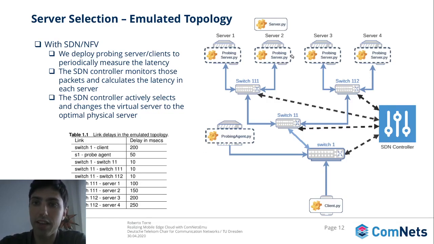The idea is that we will have the 4 probing servers running, and also the probing packet, and they will be continuously calculating the latency. And then we will have our real server connected and talking to the client down here. This server is going to be migrated through the servers depending on which one has the lowest latency.